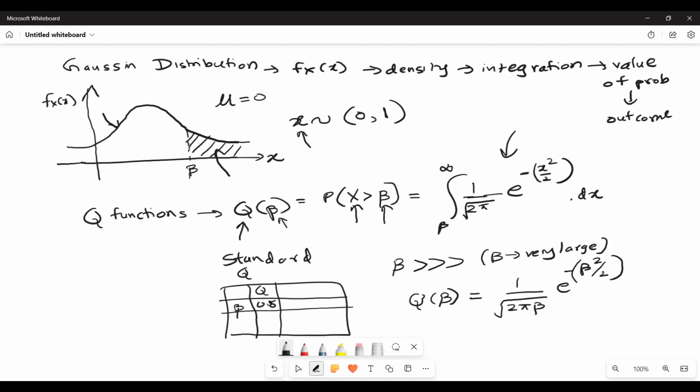So this is the equation if the beta value is very large.